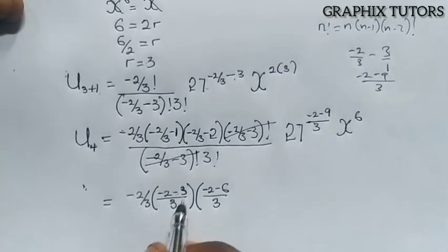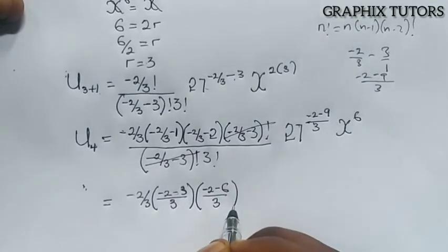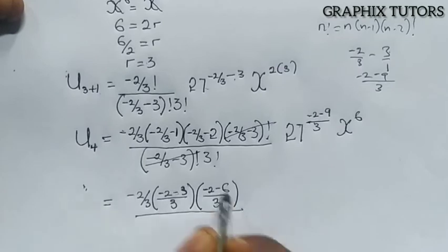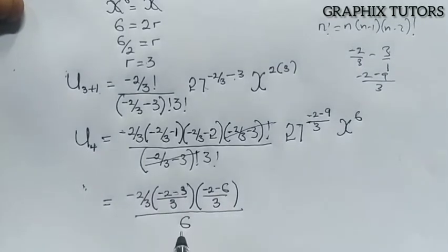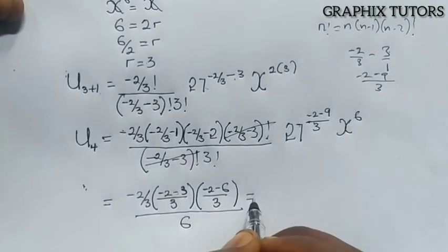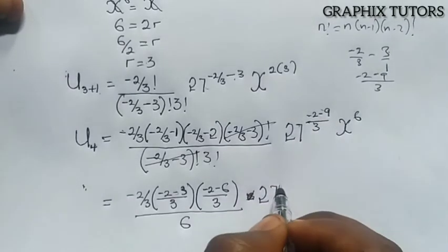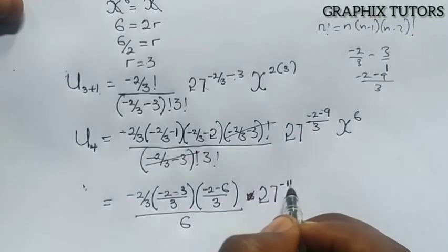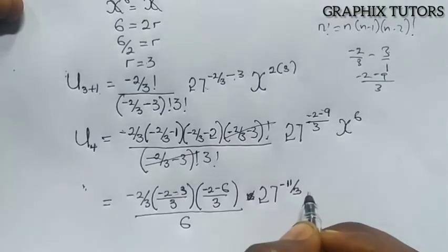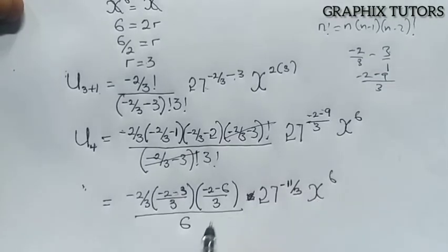I'm looking for the LCM here, close the bracket, everything all over 3 factorial, which is 6, equals, multiplied by 27 to the power of minus 2 minus 9, which is minus 11, all over 3, and I will have x6.